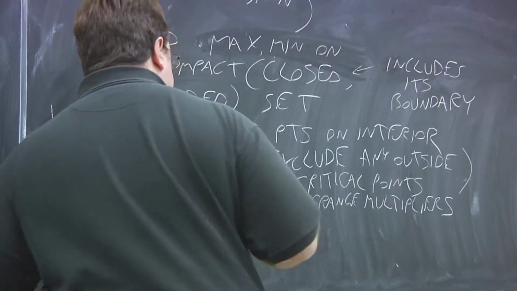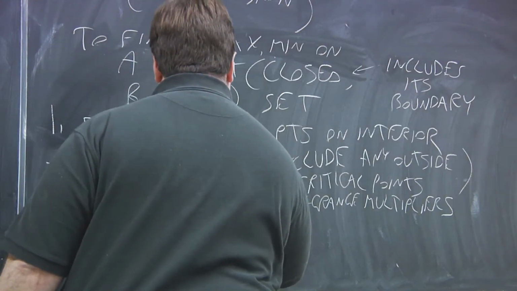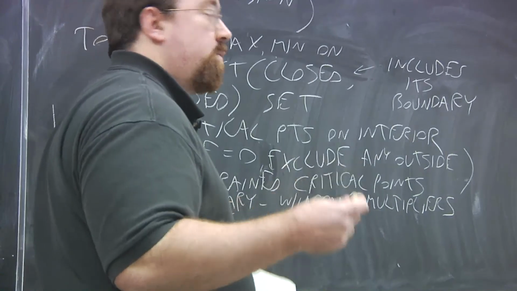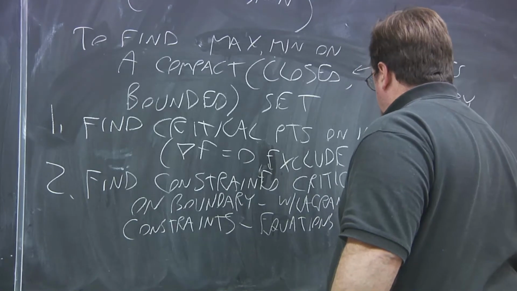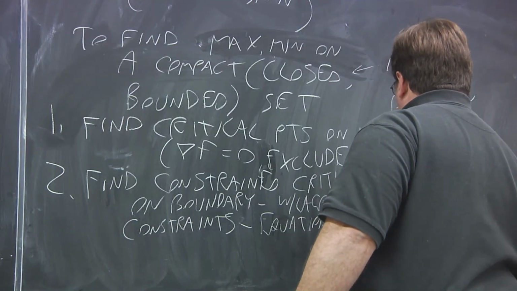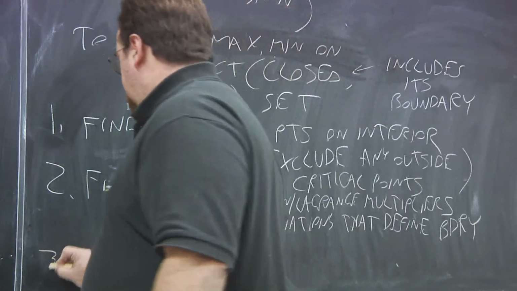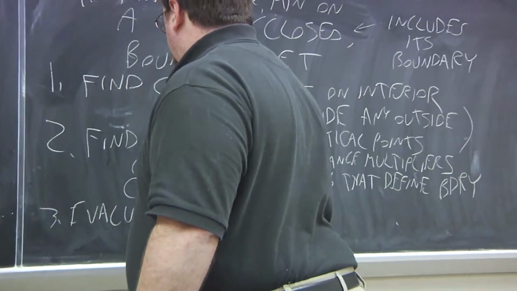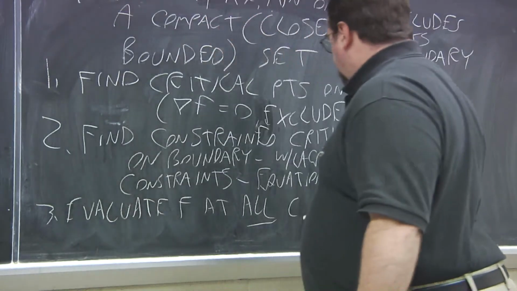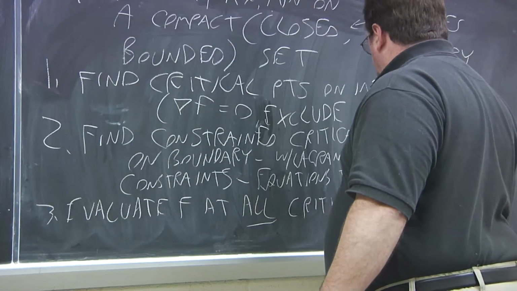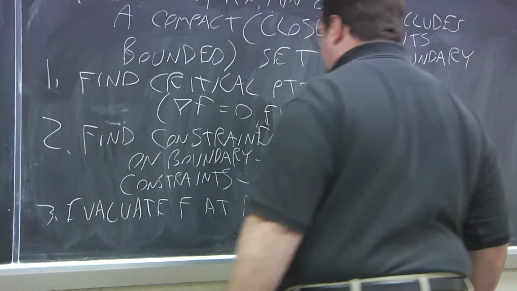And what you do is your constraints are given to you by any equations that define the boundary. And then finally, you evaluate your function at all the critical points you find in steps 1 and 2. The largest value is the maximum, the smallest value is the minimum.